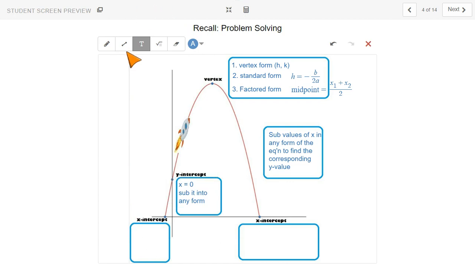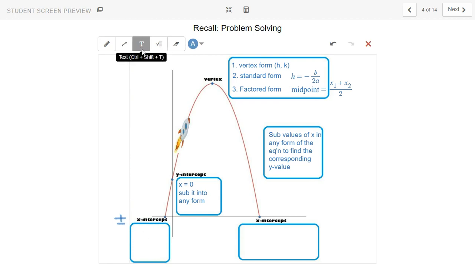As for the x-intercepts, it's possible that we have 2, so we always have to take into consideration the one side that is more positive than the axis of symmetry and the one that is more negative than the axis of symmetry.